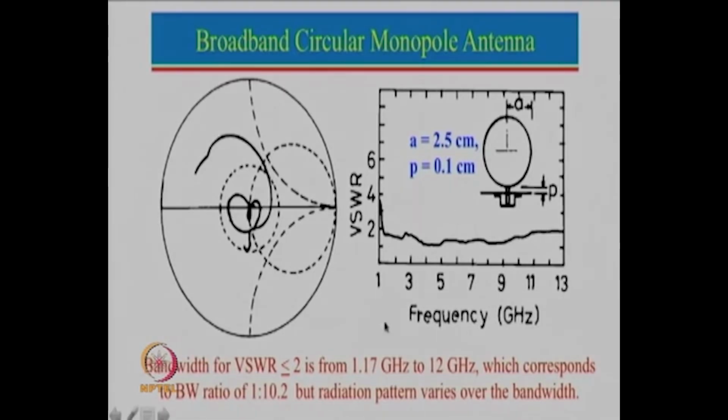But very quickly you can think about it here. So A is 2.5, so this length will be roughly 5 centimeter; the effective length will be slightly more than that, but for a quick calculation, if I take this as 5 centimeter, and that is lambda by 4, then lambda will be 5 into 4, that is 20 centimeter, and 20 centimeter corresponds to a frequency of roughly 1.5 gigahertz.